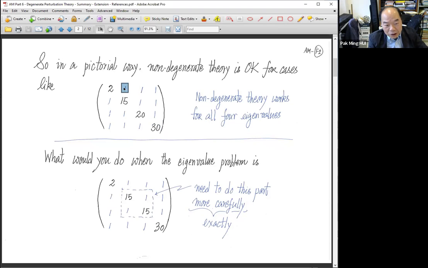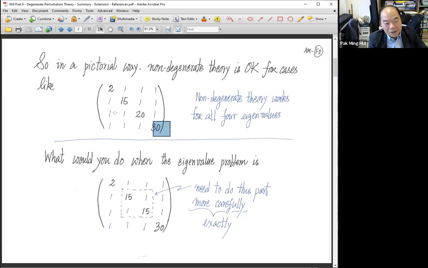So in this situation, it is okay to apply the non-degenerate perturbation theory. For example, the correction to this eigenvalue, you can think of it as all these are pushing down on 2. By how much? First correction is -1 divided by 13.